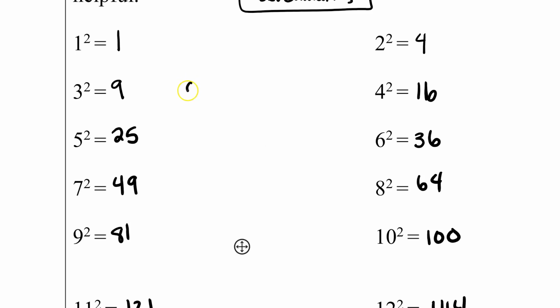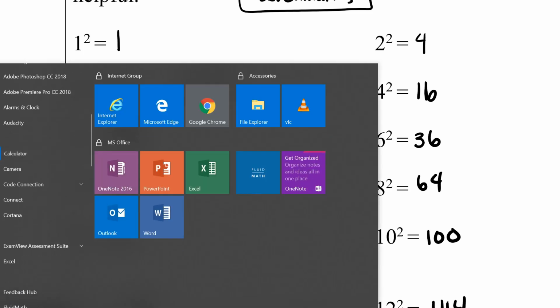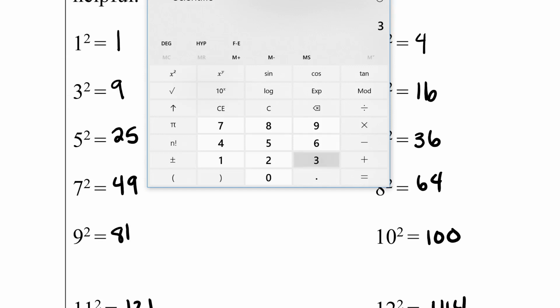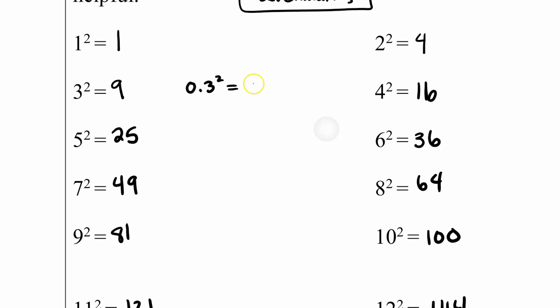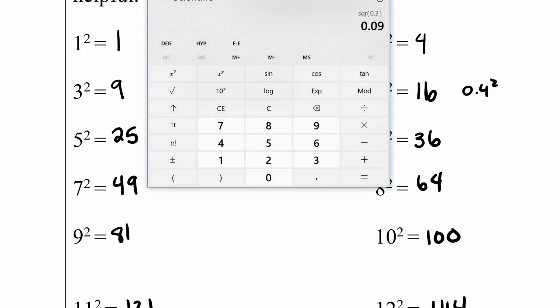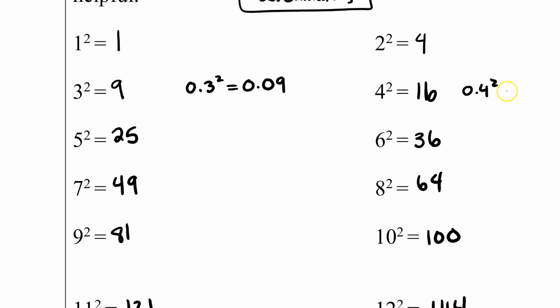If I were to say 0.3 squared, let's use our calculator to help us out with that. 0.3 squared is 0.09. And if I were to say 0.4 squared, that's 0.16.